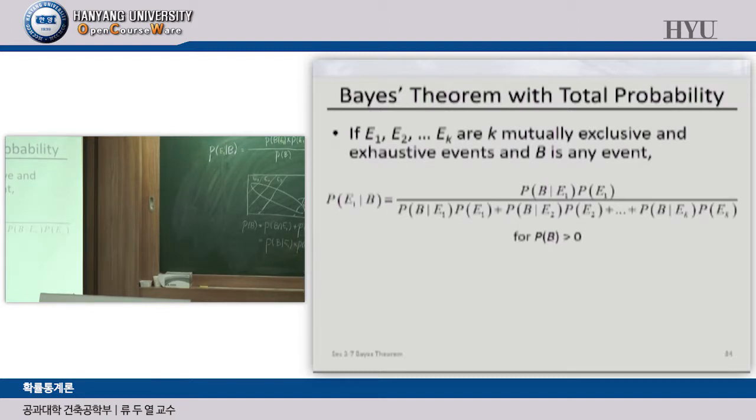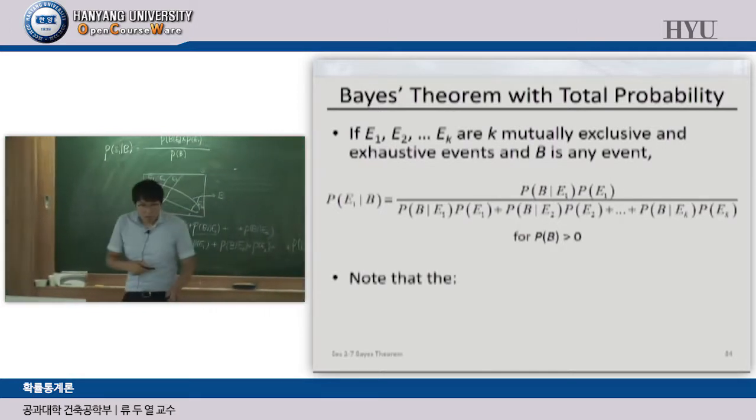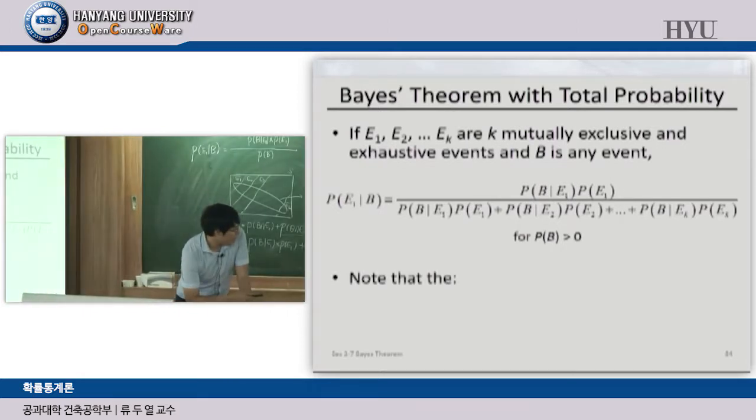From this equation, we verify the probability of B equals this. We can verify this equation. Okay? So from this definition, it can be noted that the denominator, which is called 분모, is expressed as total probability.